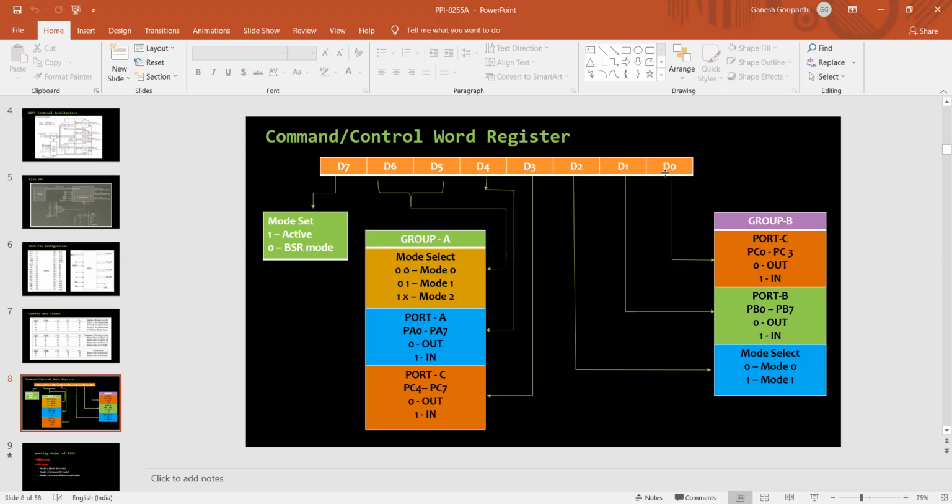You can see the 8 bits starting from D0 to D7. Each and every bit will have a specific operation.